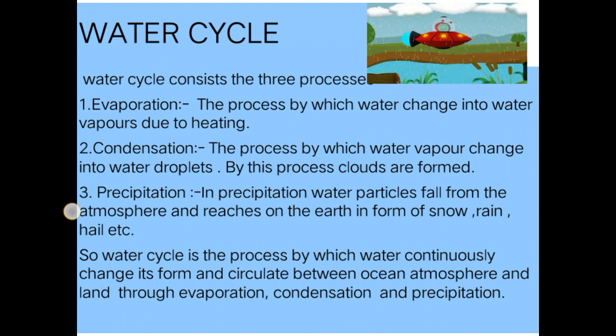Third process is precipitation. In precipitation, water particles fall from the atmosphere and reach the earth in the form of snow, rain, hail, etc. So the water cycle is the process by which water continuously changes its form and circulates between ocean, atmosphere and land through evaporation, condensation and precipitation.